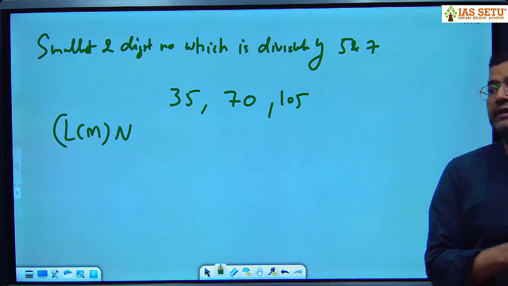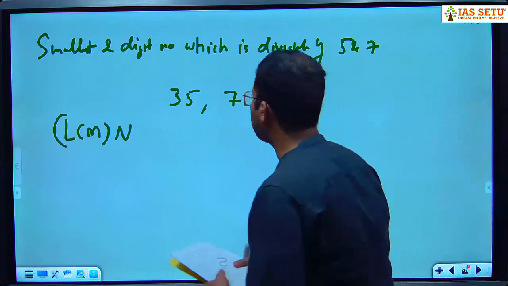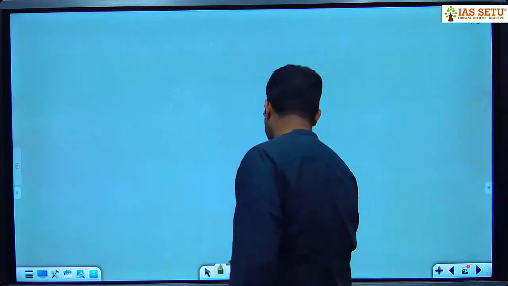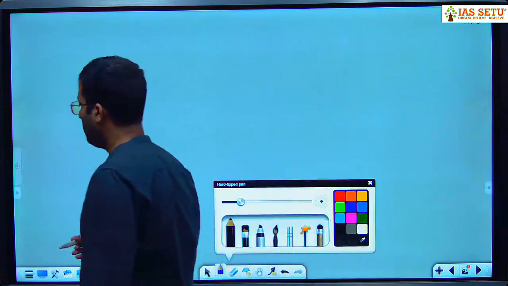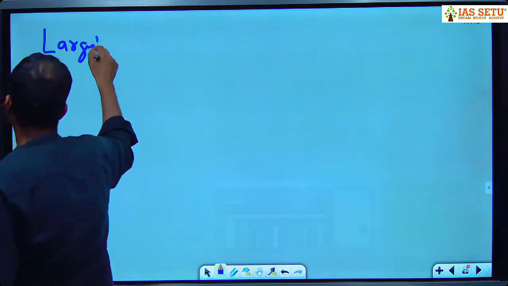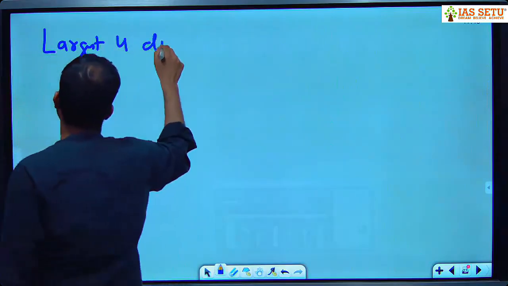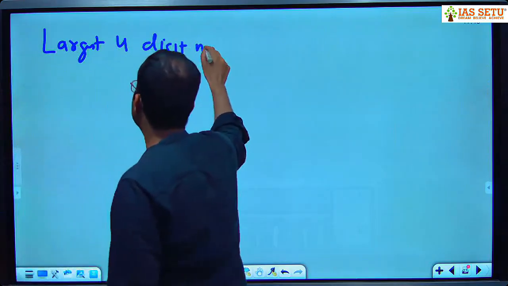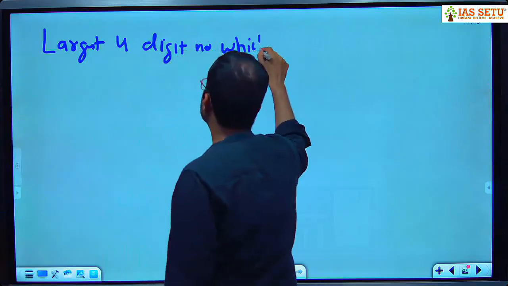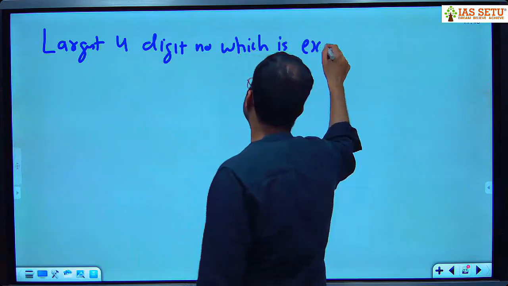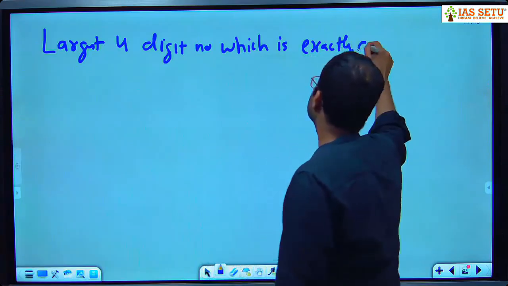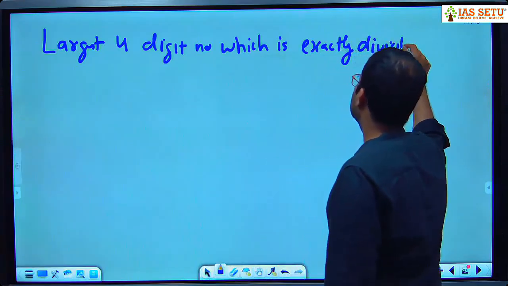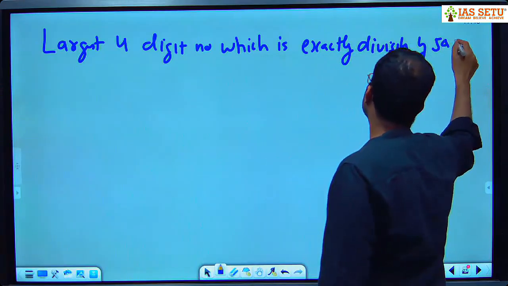So here in type 4, what type of question is asked? I write here, largest. Let me solve this question for you. Largest 4-digit number which is exactly divisible by 5 and 7.